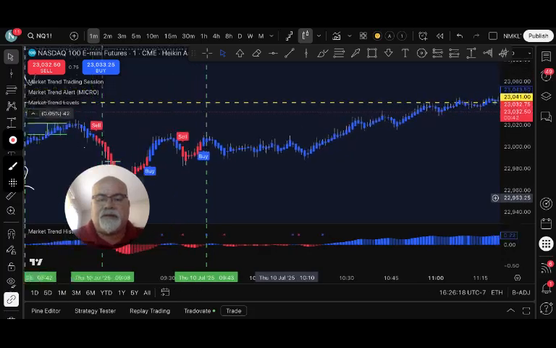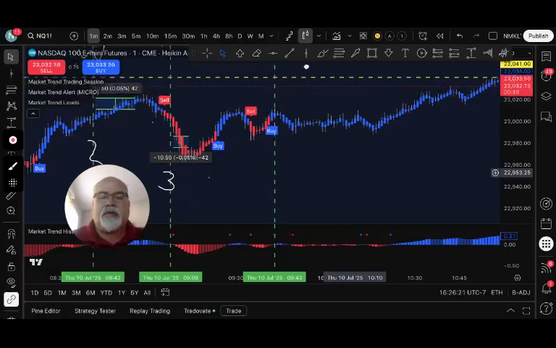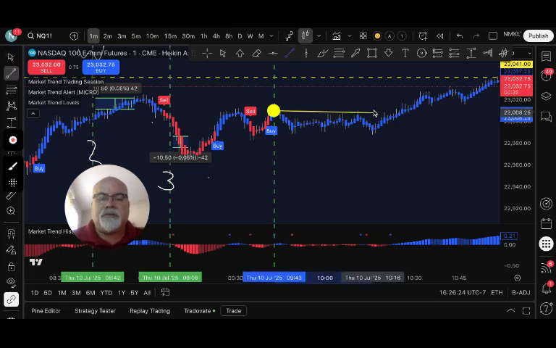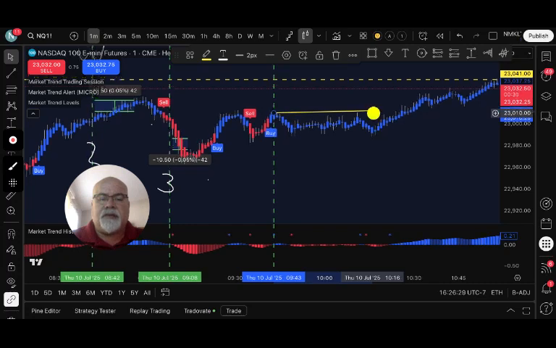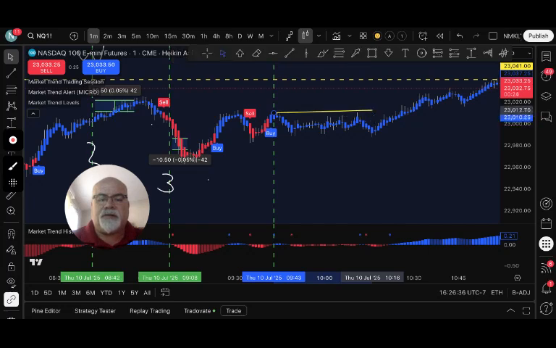I'm going to also be drawing some lines here to really show you that you're starting to go into a channel. And with channels, especially when you start going sideways like this, when you get into a sideways market, I like to draw lines to look for breakouts.